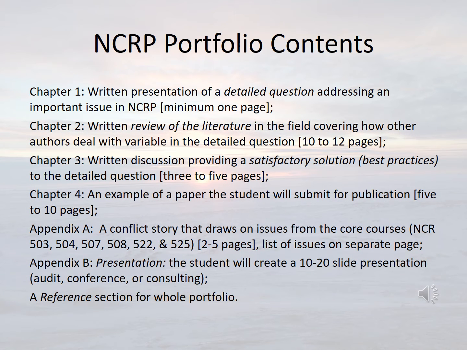The sections of the portfolio include chapters and appendices. I recommend page ranges so you give me enough of your writing for me to evaluate that you can demonstrate the thoughtful selection of a detailed question, appropriate citation of literature, critical and independent thinking in the solution, presentation of ideas into publishable content, and application of knowledge through creating conflict stories and spotting issues.